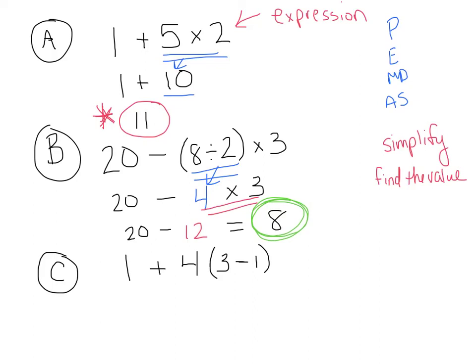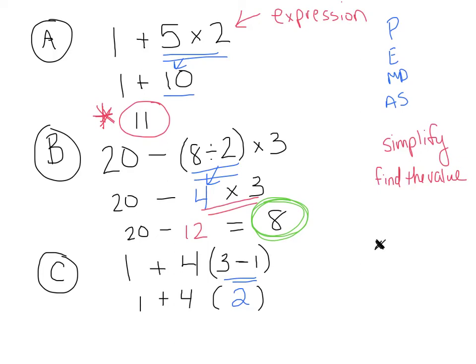For expression C, once again I go down the list. Do I have parentheses? Yes, right here. 3 minus 1 equals 2. I have 1 plus 4, and I'm going to multiply by 2. By the way, there are 3 ways of writing multiplication. With an X, like we saw in letters A and B, but a lot of times the X will get confusing when we get to algebra.